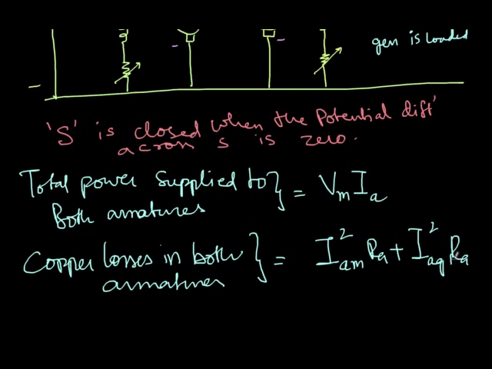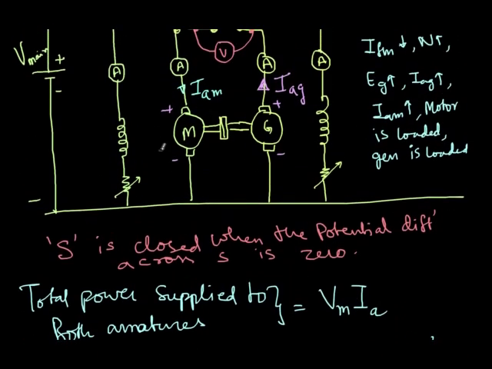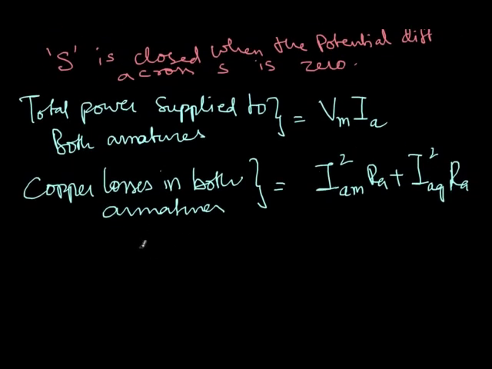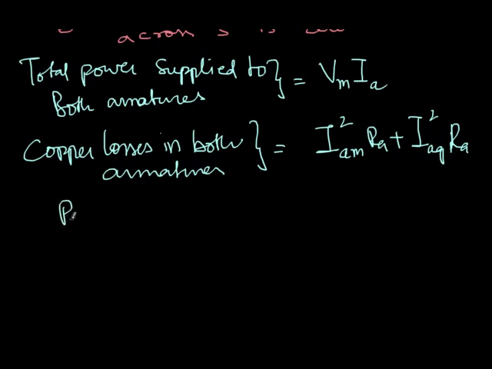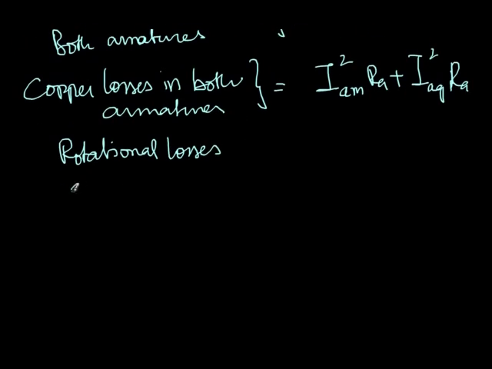So this is the total copper loss in both the armatures. But this quantity will be more because there are some rotational losses and iron losses happening inside the motor. So therefore, rotational losses of both machines.